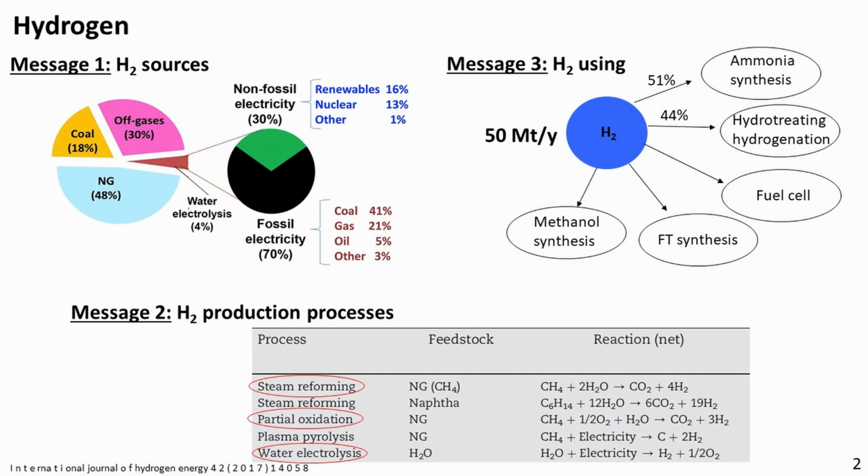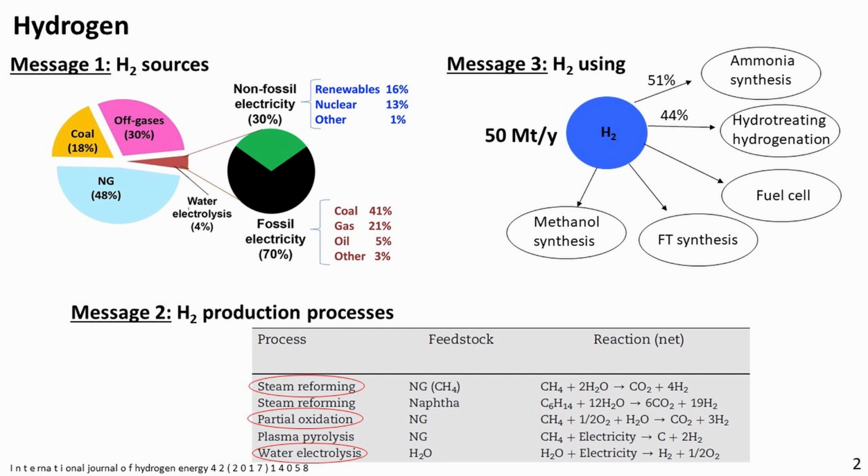Currently, practically all industrial manufacture of hydrogen, globally about 85 million metric tons per year, is based on fossil fuels, mainly natural gas and coal, either directly using them as a feedstock and process fuel, or indirectly through the use of fossil fuel generated electricity.